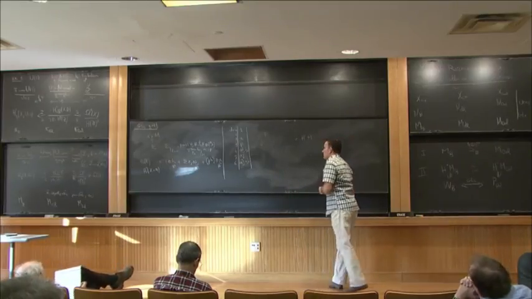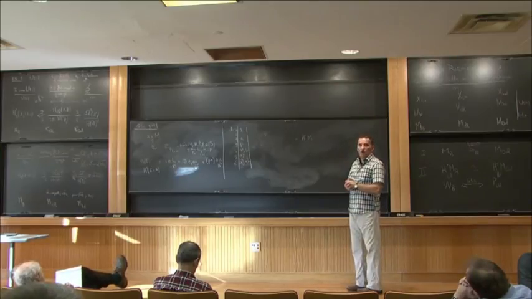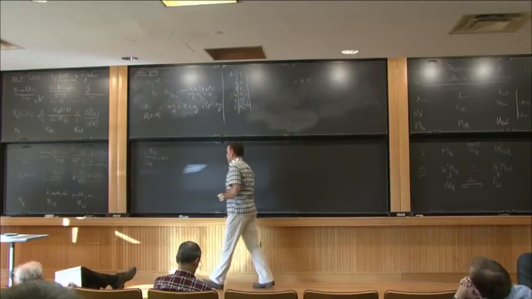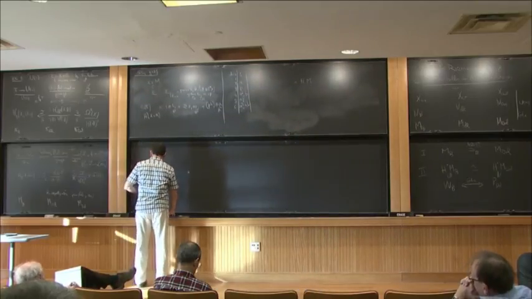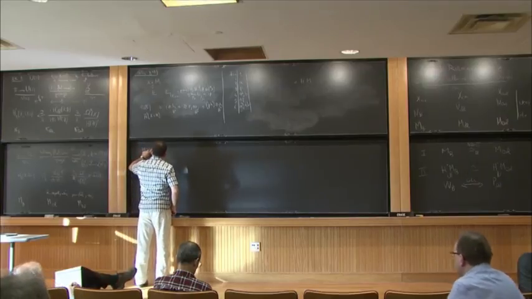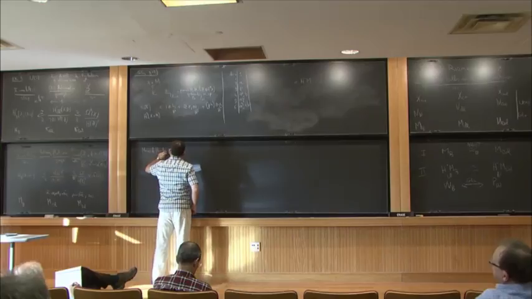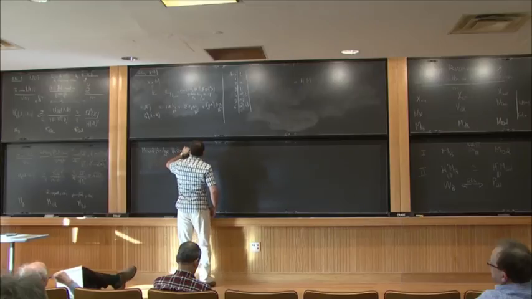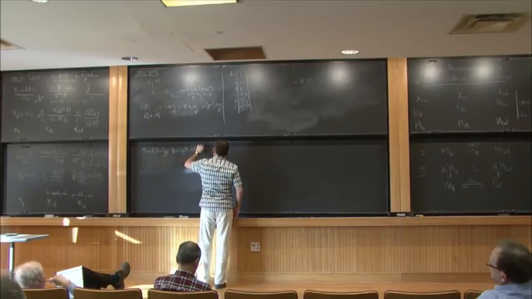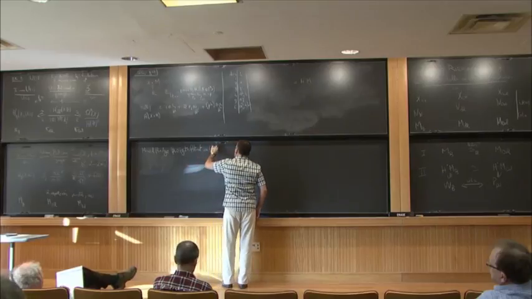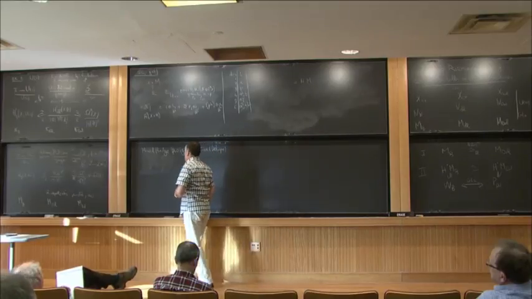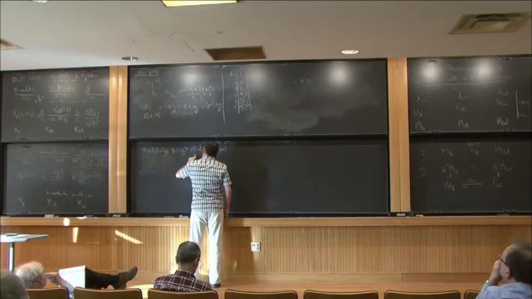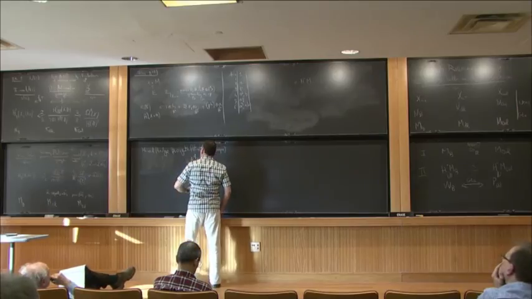So the point is that I need to consider the weight structure on the cohomology of these manifolds. Now, what I need to say for today is the following, that the cohomology of every complex algebraic variety contains subspaces.